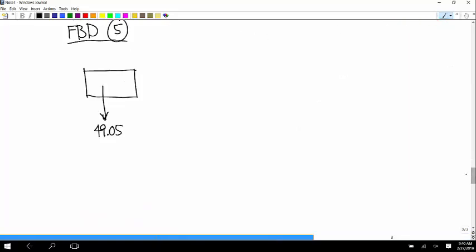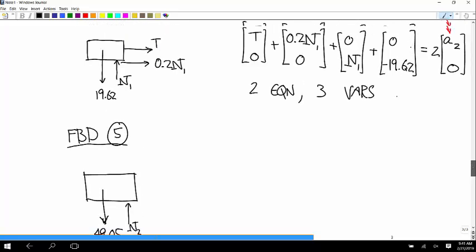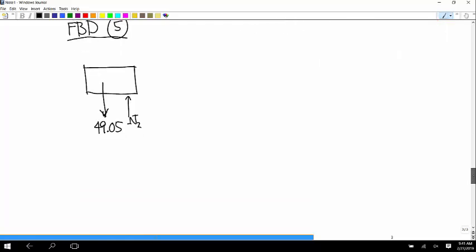I'm going to call the pushing force N2. The lower box is moving to the right compared to the ground, and so this friction force is this way. The magnitude is 0.3 N2.